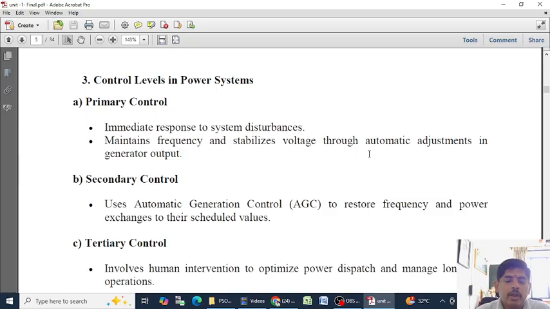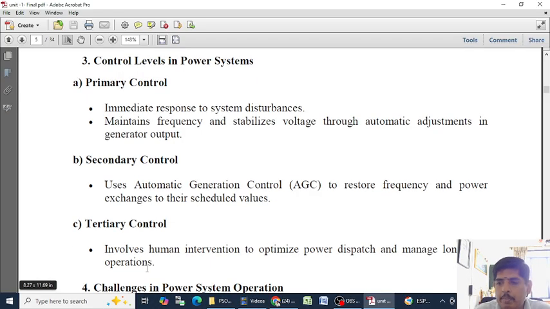Based on that, I have to give the command signal to the valve, and based on that the valve will be opened or closed. Okay, so this comes under the secondary control. Tertiary control means it involves human intervention to optimize the power dispatch and manage long-term operations. So this is tertiary control.